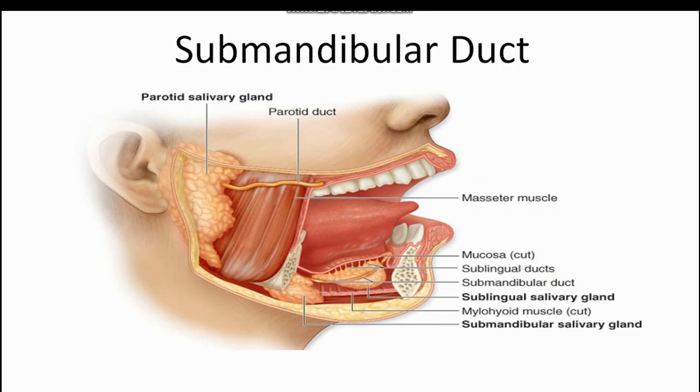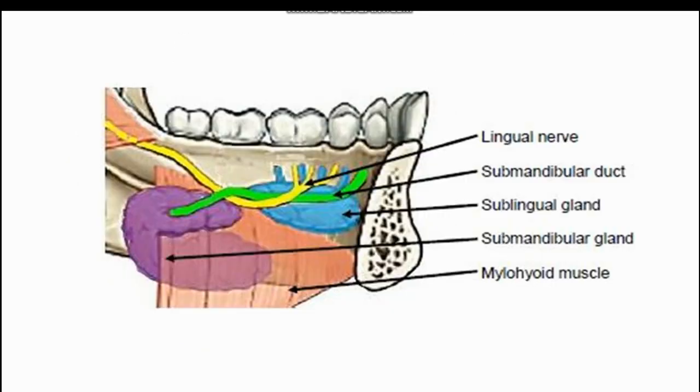This is the left side, so it opens on the left side of the papilla; from the right side, it opens on the right sublingual papilla. This duct has a very close relation with the lingual nerve. Here you can see the lingual nerve and the submandibular duct. The lingual nerve crosses from its lateral aspect.